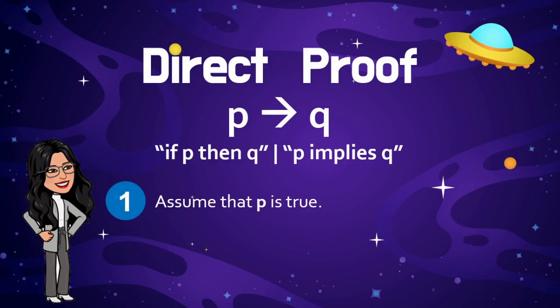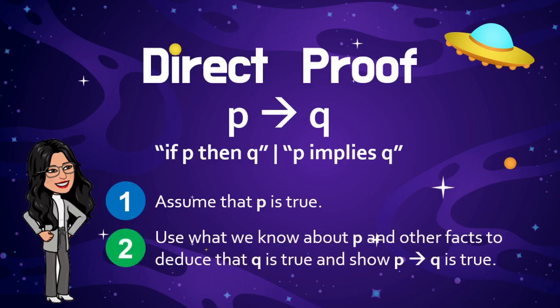So, when giving direct proof, we should assume that our P or our hypothesis is true.